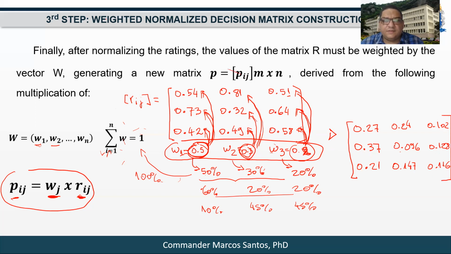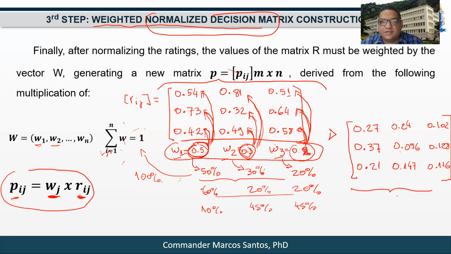Now I have the weighted normalized decision matrix. I have the normalized decision matrix here, and I have the weights W1, W2, and W3, and now I have the weighted normalized decision matrix.